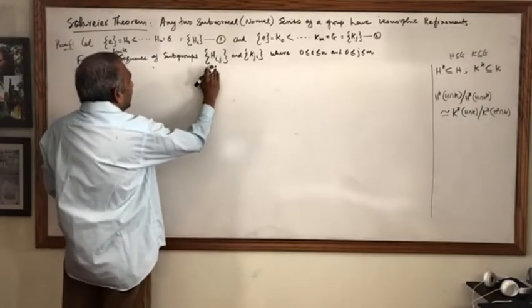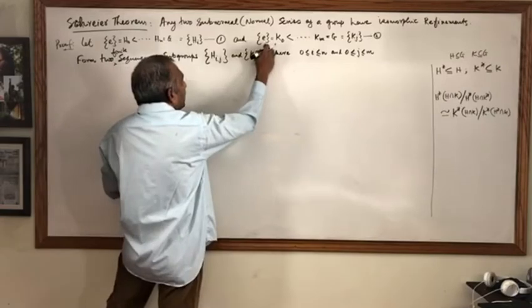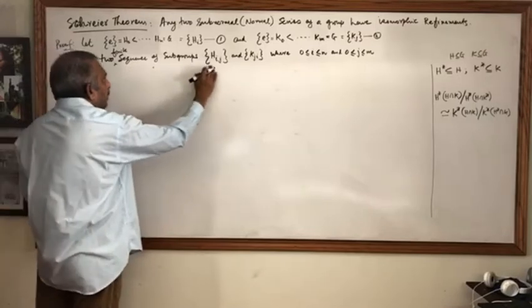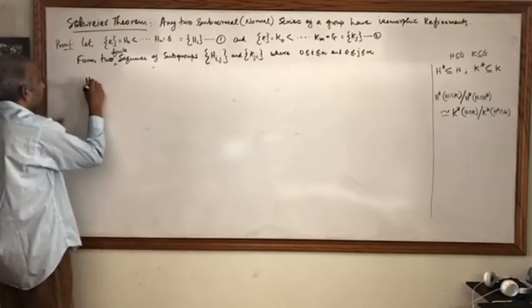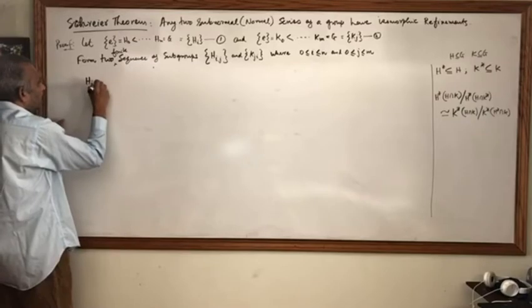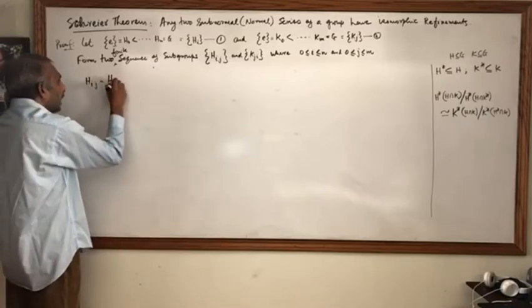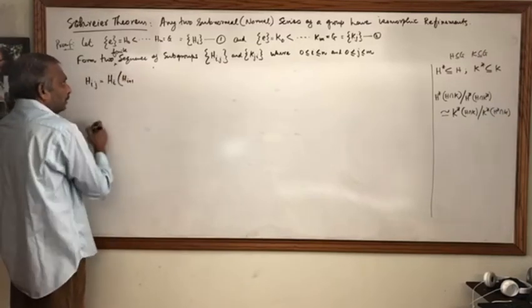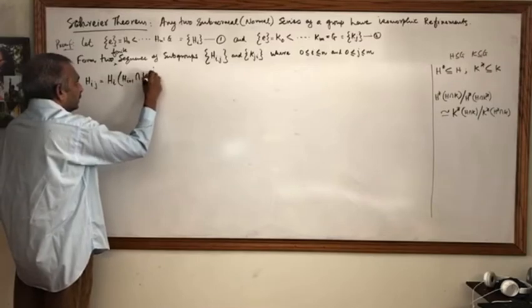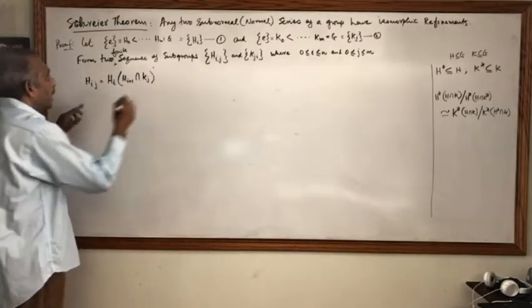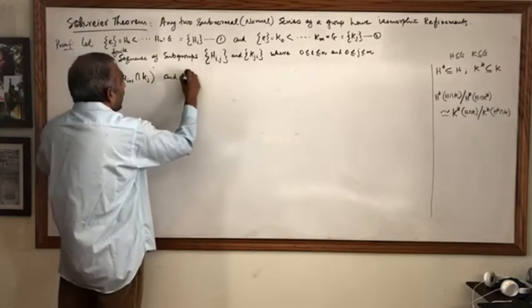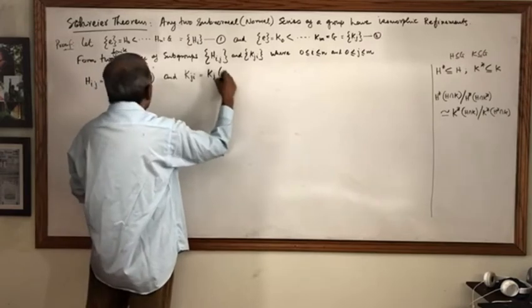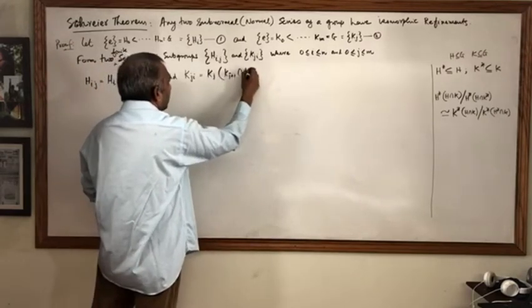And this contains Hi, this contains Kj. So the way we are going to define Hij is Hi times (Hi+1 intersection Kj), and Kji is Kj times (Kj+1 intersection Hi).